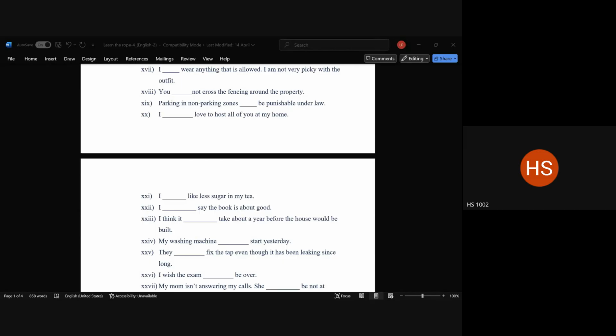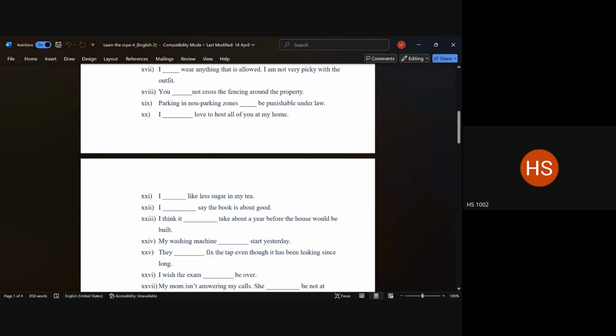Okay. Then comes the 19th one: parking in non-parking zones dash be punishable under law. Must be. Ma'am, should be. Should be, okay. Should be punishable under law? No. Must be punishable under law?